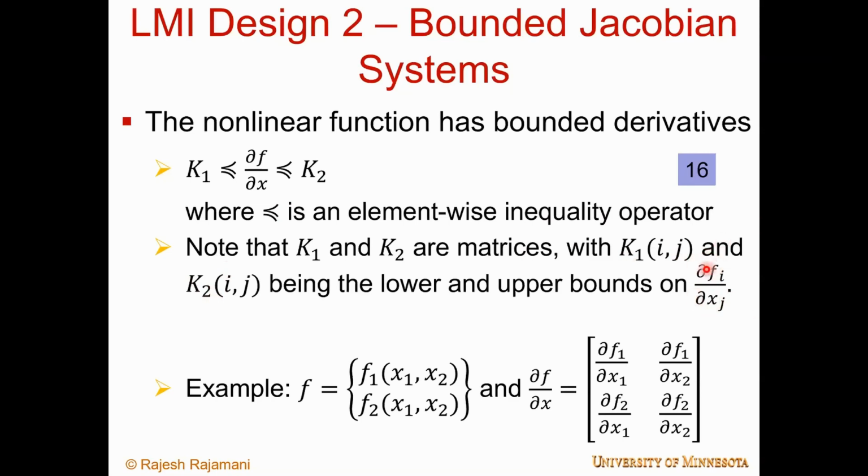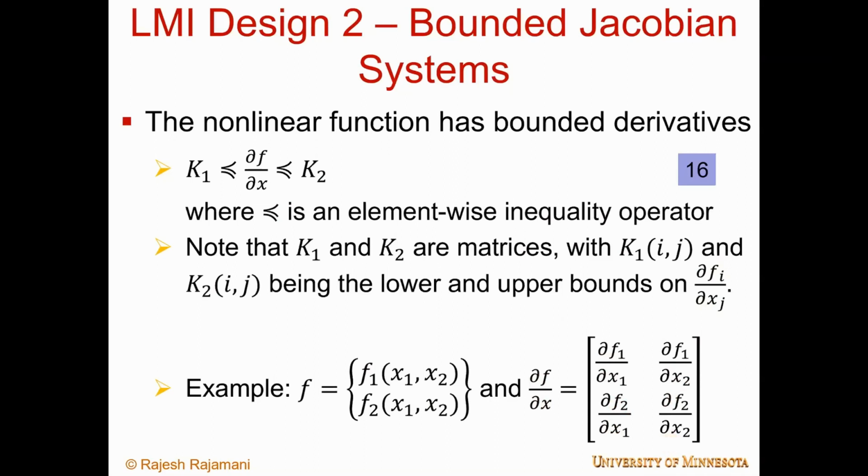For example, if I have a second order system, F is equal to F1 of x1, x2 and F2 of x1, x2. Then the Jacobian dou F by dou X is this: dou F1 by dou X1, dou F1 by dou X2, dou F2 by dou X1, dou F2 by dou X2.